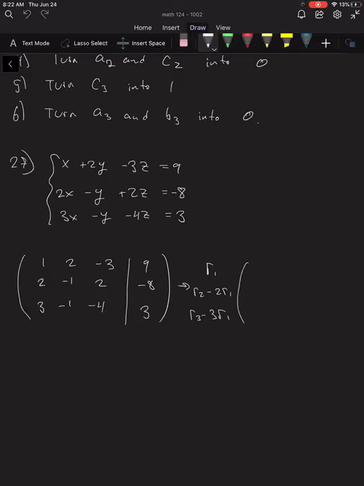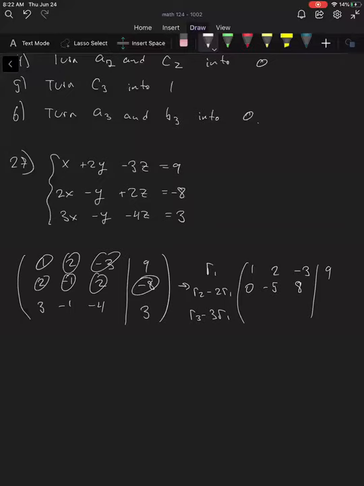So what do we have? Row 1's the same. 1, 2, minus 3, 9. Now row 2 minus 2 row 1. So 2 minus 2 times 1 is 0. Minus 1 minus 2 times 2, so minus 1 minus 4 is minus 5. 2 minus 2 times minus 3, minus a negative, so 2 plus 6, which is 8.